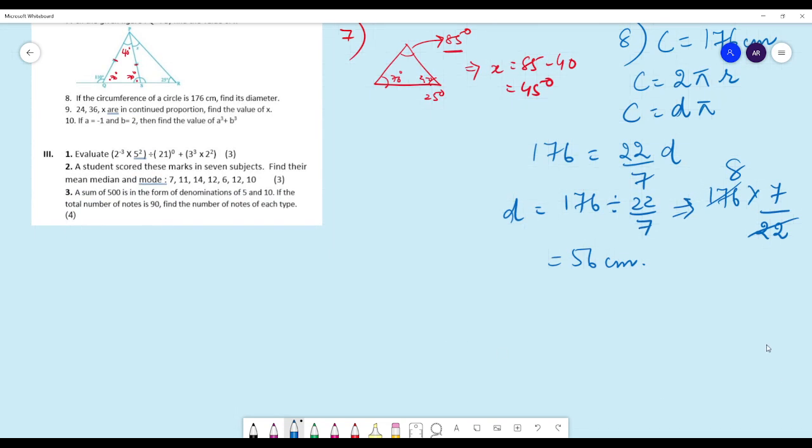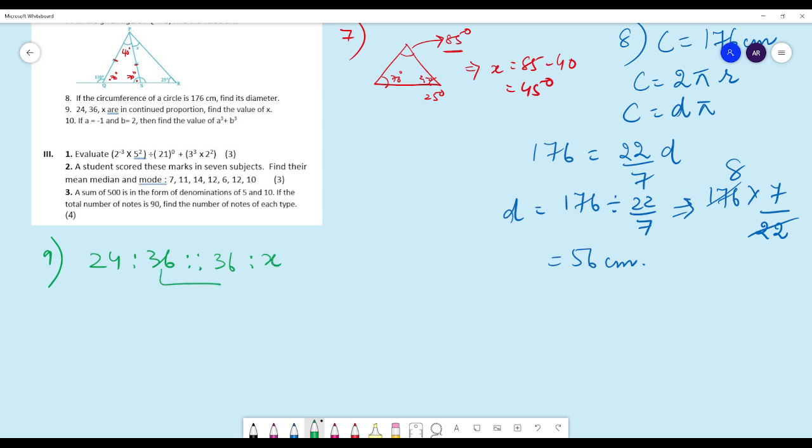So when we are talking about continued proportion, what does this continued proportion mean? So let us take up question number 9 over here. What does continued proportion mean? Continued proportion means 24 is to 36 is proportional to 36 is to x.